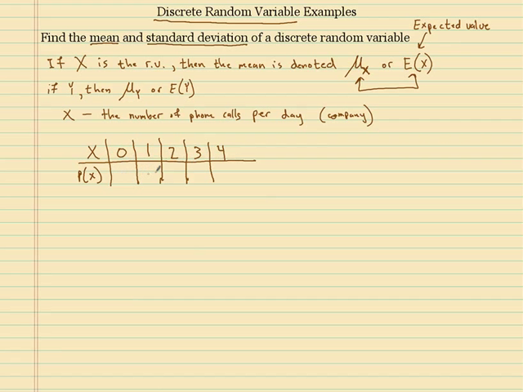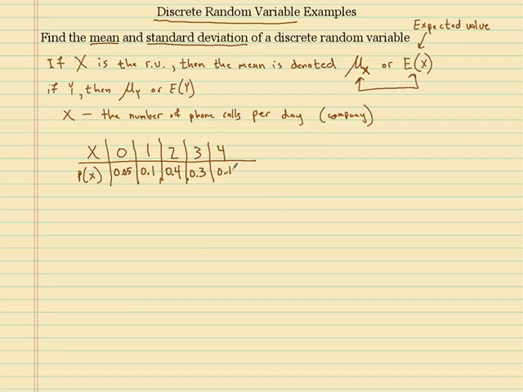They measured this over a long period of time, and they had no calls on 5% of their days. So if they measured 100 days, 5 of them had no calls. 0.1 is 10%, so out of 100 days, 10 had 1 call. 40% had 2 calls. 30% had 3 calls, so 3 calls happen 30% of the time.